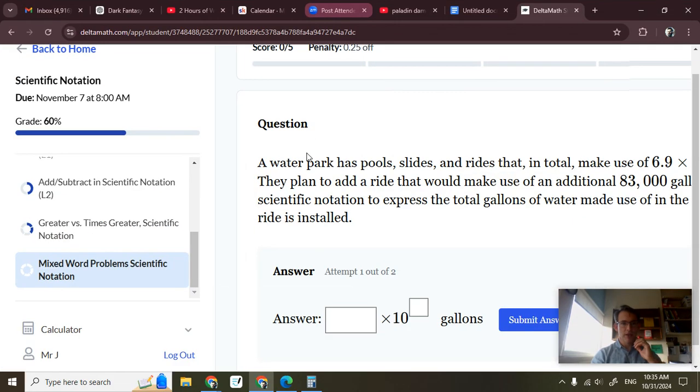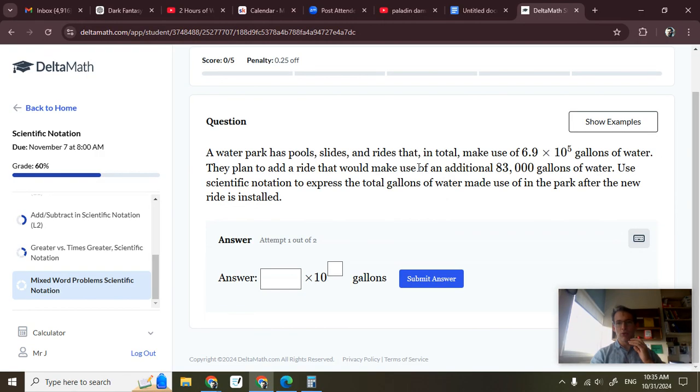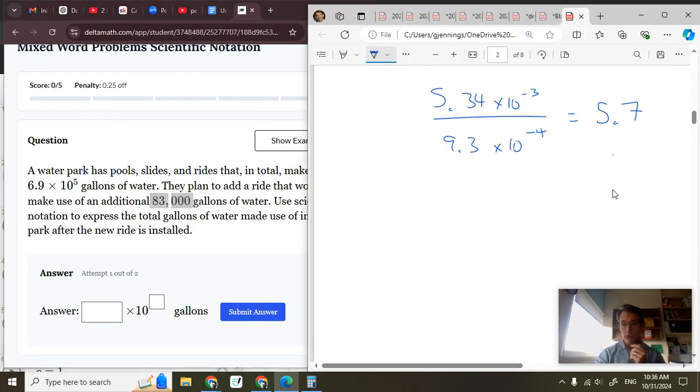Okay, so let's go. A water park has pools and slides and rides that in total make use of this many gallons of water. They want to add a ride that would use this many more gallons of water. We want to now know the total gallons of water made use of in the park. So I need to recognize that I want a new total. Totals come from adding.